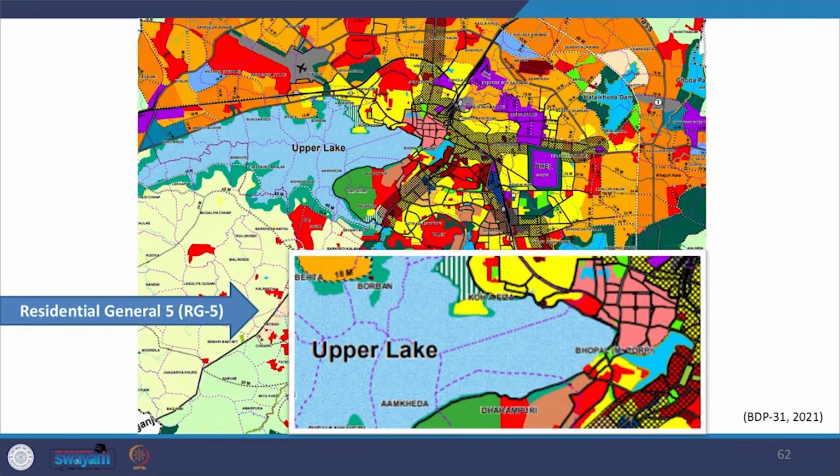Residential zone RG5 includes low density zones to preserve ecologically sensitive areas, shown in peach color on the southern side of the lake in the map. The plots falling under these zones shall be approved for development as per the regulations specified in the later volumes, and we shall also be covering the regulations later in the course. So, as you can see in the map, the residential area which has been proposed here, these areas.